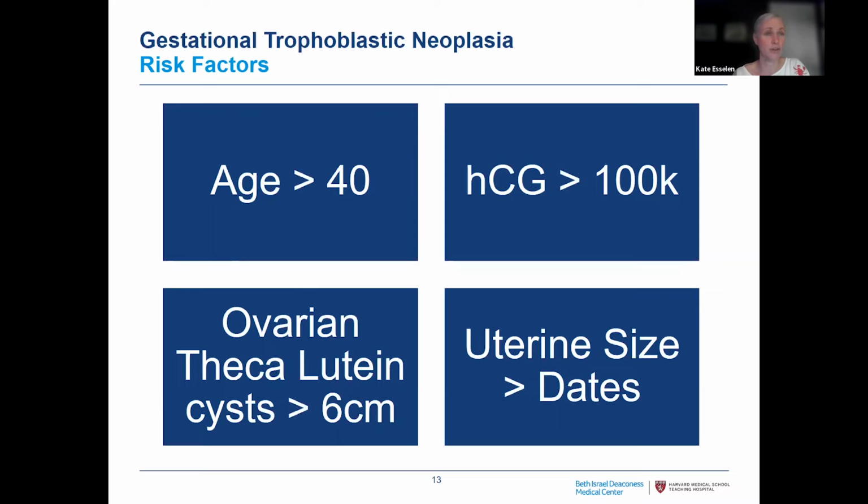If those are measuring larger than 6 centimeters, that's considered a significant risk factor for the development of GTN. And again, often seen more in later gestational ages, but if your uterine size is significantly greater than the dating of your pregnancy, that might also be a sign that this patient is at higher risk for development of GTN. So those may be some reasons to consider a prophylactic dose of chemotherapy.